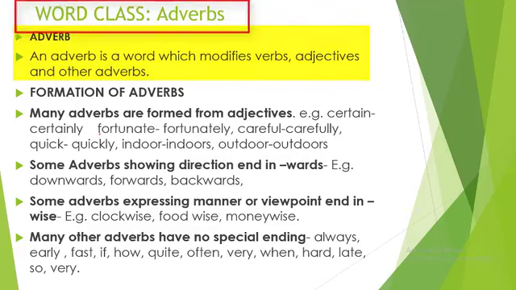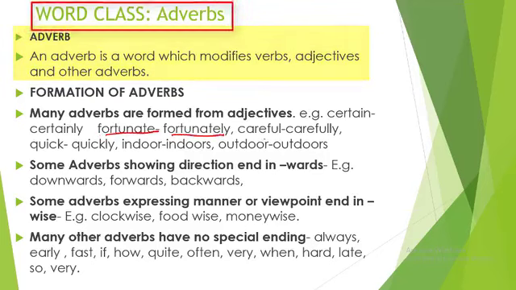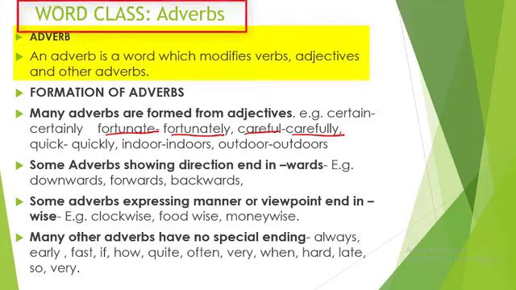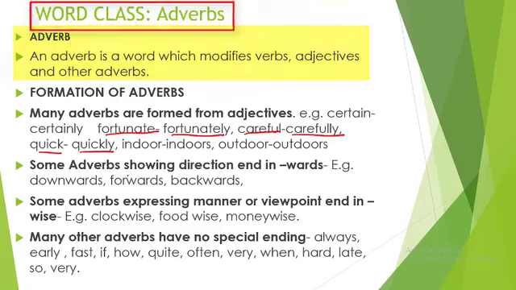Certain is an adjective. Add ly becomes certainly. Fortunate is an adjective. Add ly becomes fortunately. Careful is an adjective. Add ly becomes carefully. Quick is an adjective. Add ly becomes quickly. So that is one way we form adverbs, by adding ly to adjective.